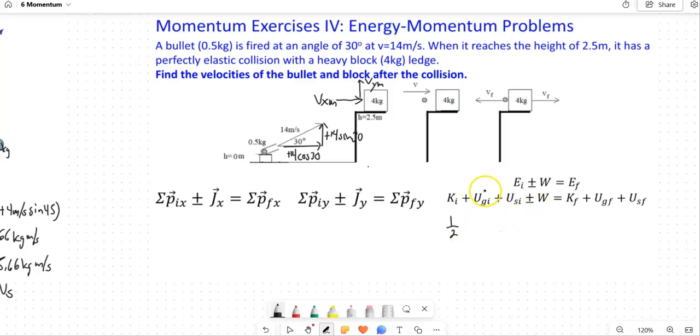I'll show you what I mean. It's being launched at a height of 0, so it has no potential energy in the y direction. Let's look at the energy after it's been fired. Since it's only flying up, there are no outside forces or work.